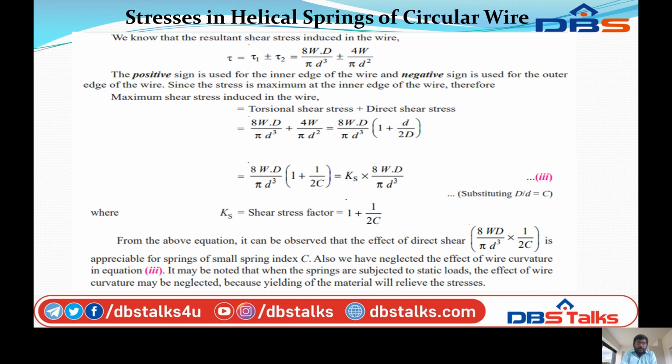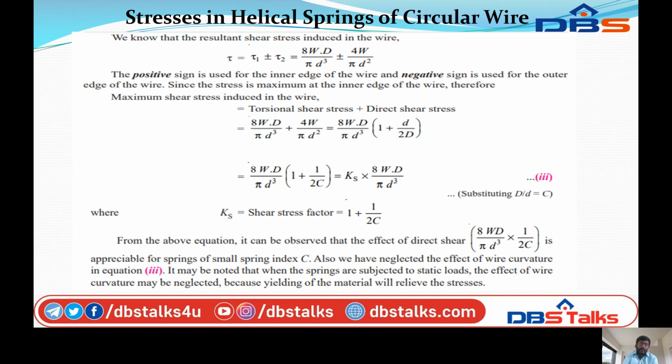We know that the resultant shear stress induced in the wire, tau, is equal to tau 1 plus or minus tau 2, which is equal to 8 into W into capital D by pi d cube plus or minus 4W by pi d square. The positive sign is used for the inner edge of the wire and the negative sign for the outer edge.